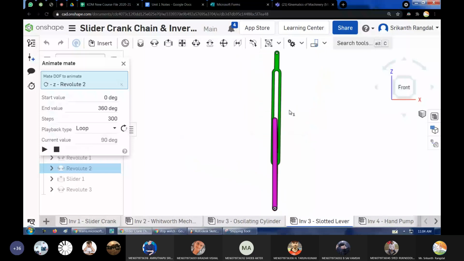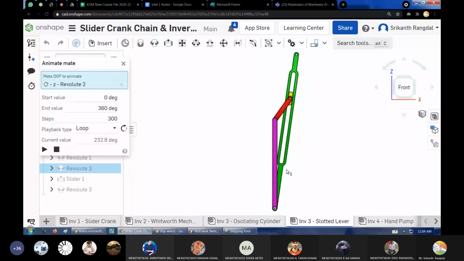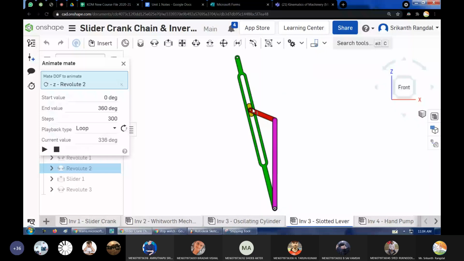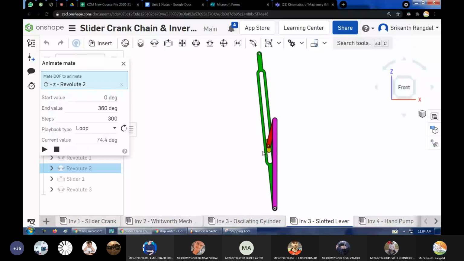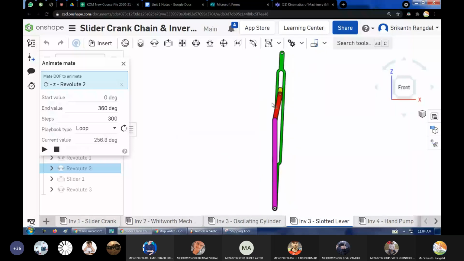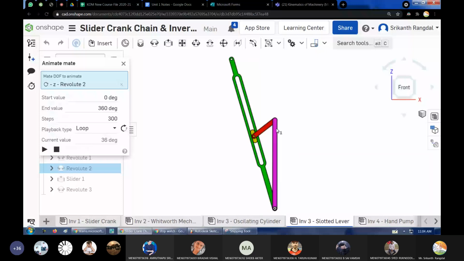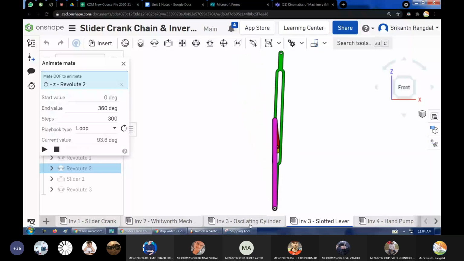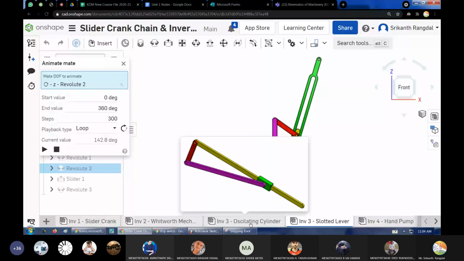There is a small yellow link which is moving inside the slot, the same as the long link in the previous case. The other two links, red and pink, are the same. No design modification has been done in those two. Technically it is the same inversion.